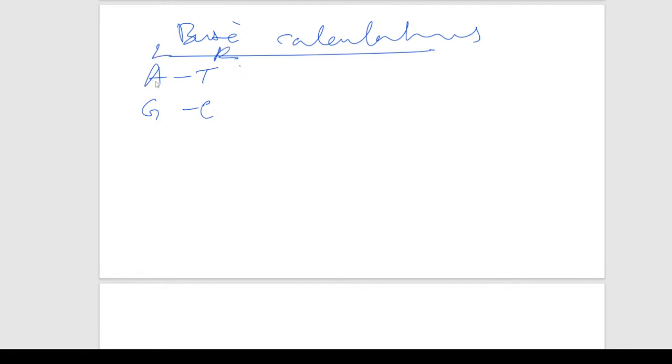If you have 10 left legs, how many right legs do you have? You have 10, because these things are compatible. So adenine is complementary to thymine, and guanine is complementary to cytosine. If this is 30, obviously this is 30. So 30 plus 30 gives me 60.